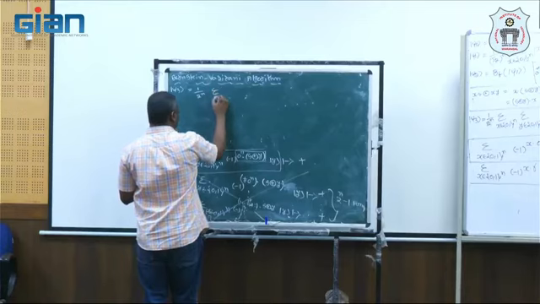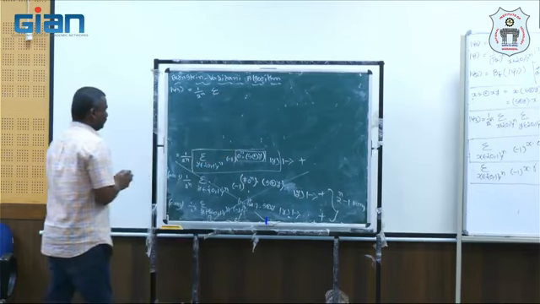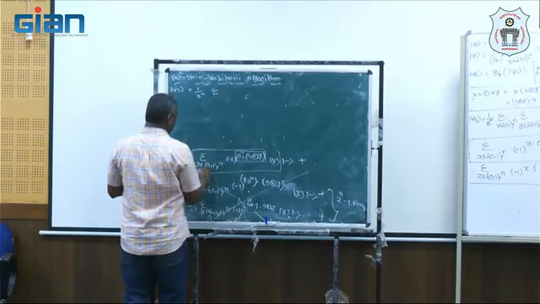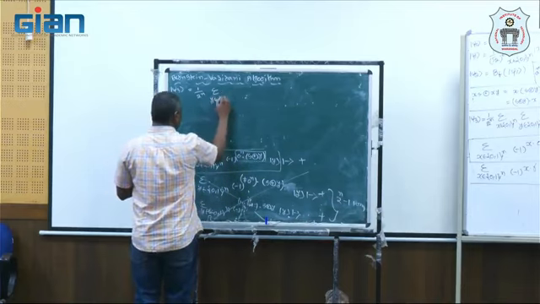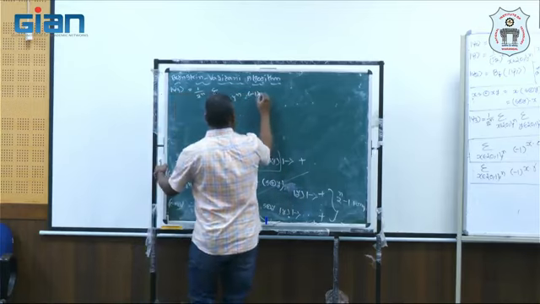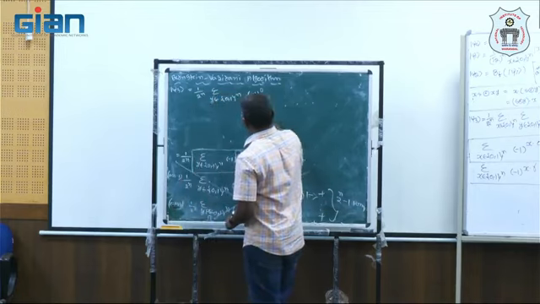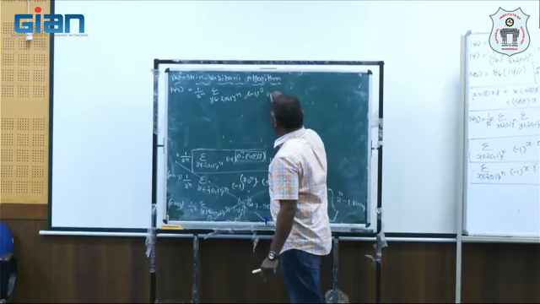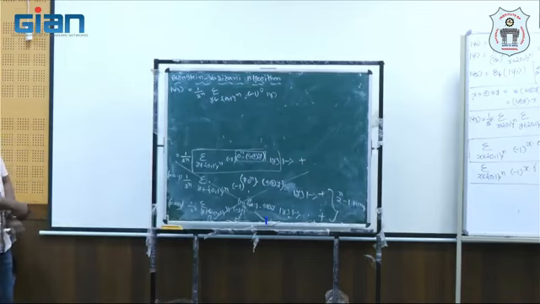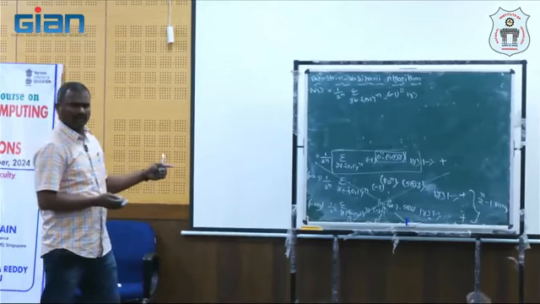Sigma, minus 1 by 2 power n, sigma y belongs to {0,1} whole power n. This entire thing is 0 only, no? So x or y, correct now?